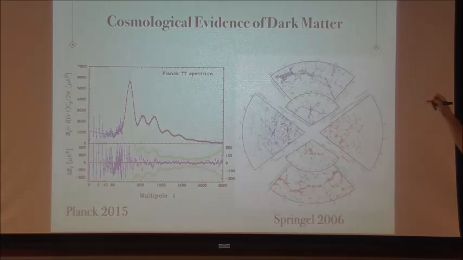Where these peaks occur depends on the baryon density and how much dark matter there is. We use this as an input to our N-body simulations, where we take a large portion of the universe and simulate it, using dark matter only simulations. From initial conditions you get out something that looks like one of these slices of the sky.